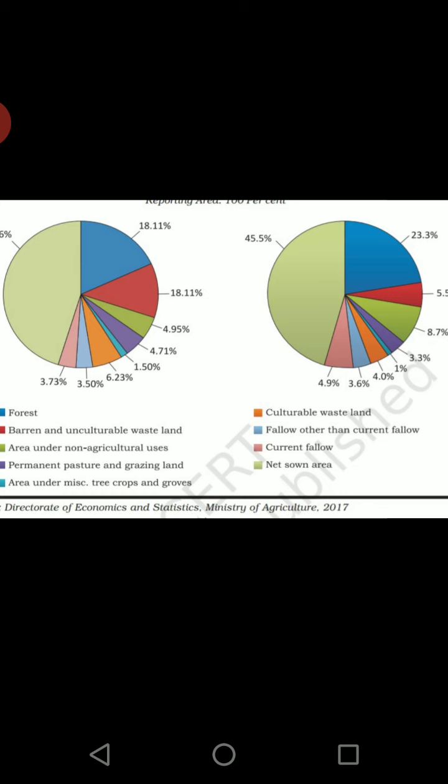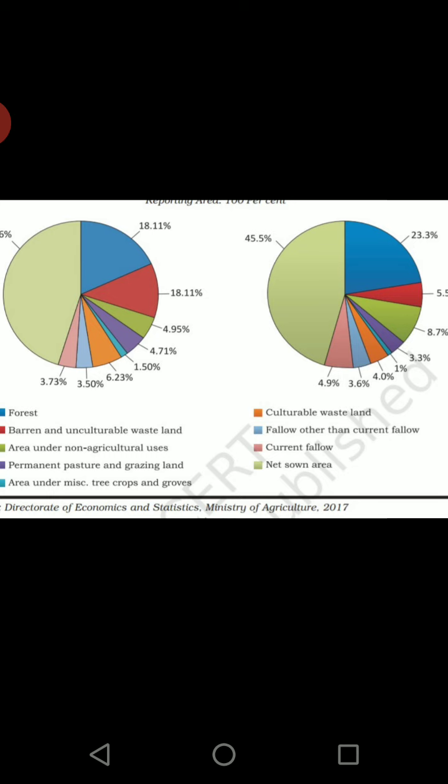We have a purple color area which shows permanent pasture and grazing land. The word permanent over here is very important. Pasture lands have to be a permanent land utilization pattern.